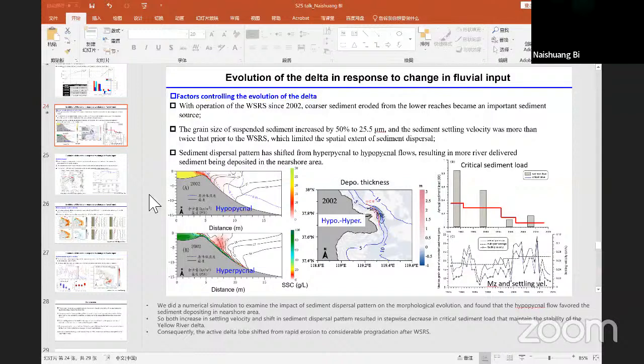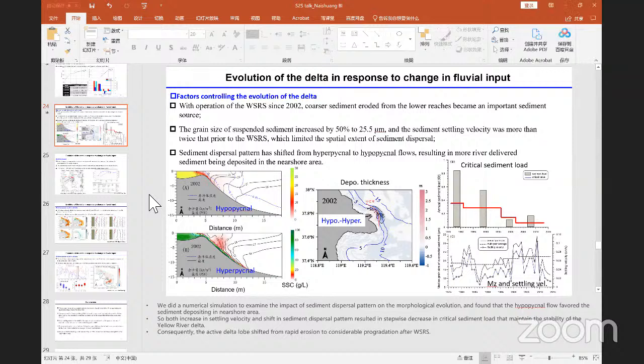If you want to generate a hyperpycnal flow at the river mouth, you need at least 35 grams per liter of suspended sediment in the water column. So this is one reason. Another, I think, is an increase in the grain size of the suspended sediment, because I think fine grain sediments favor the generation of hyperpycnal flow.